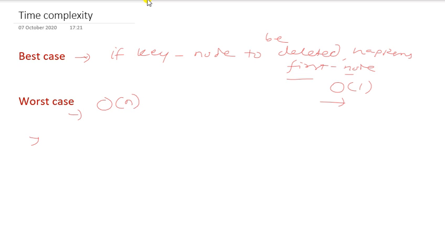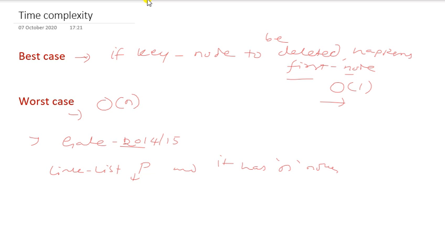Now there was one GATE question, somewhere in GATE 2014 or 15, I don't remember. There was a question like: there is a linked list, say P is the head node, the address of the first node, linked list P, and it has n nodes.